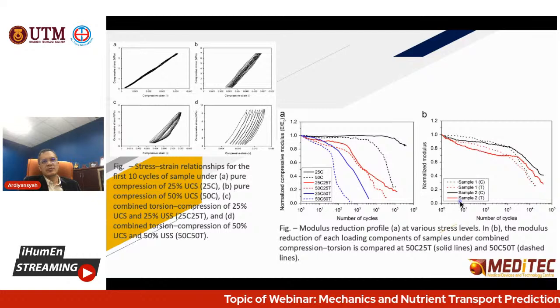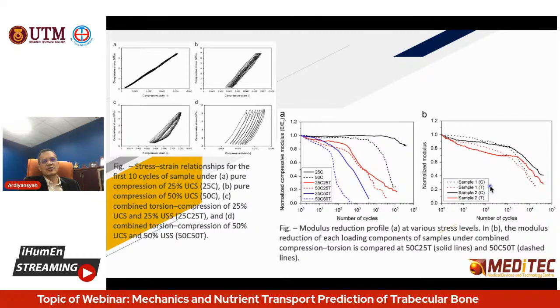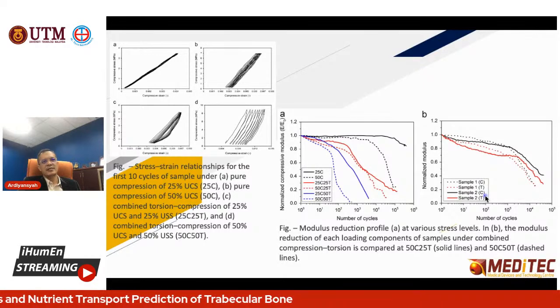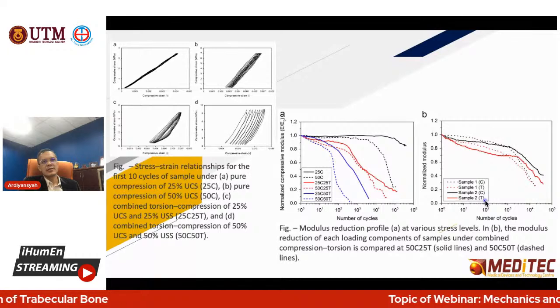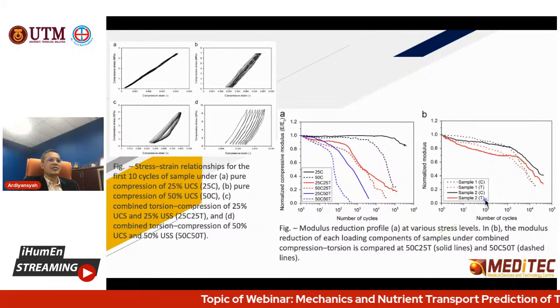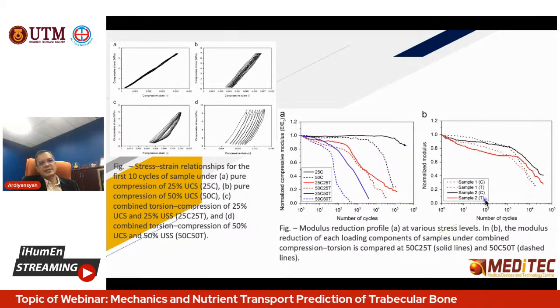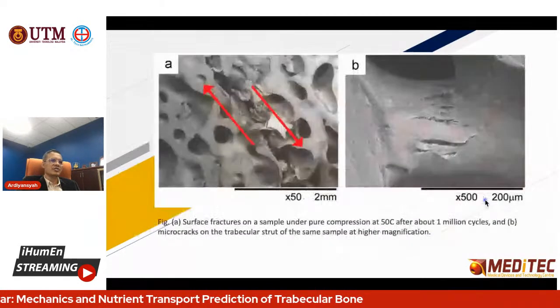You can check also here: sample 1 is compression, sample 1 is torsion only, and another sample 2 is compression, and sample 2 is torsion only. Then the properties will be different. Then how can you check the effect of the torsion?